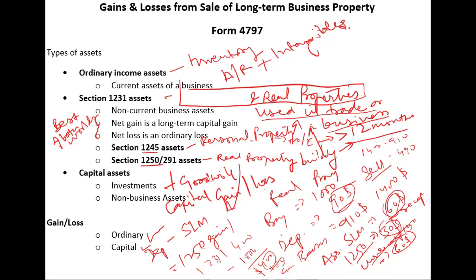Then unrecaptured section 1250 gain is the remaining straight line depreciation, which is taxed at a maximum rate of 25% for individuals. Then all the losses are considered as section 1231 losses, and they are first netted against section 1231 capital gain, and the remainder is treated as an ordinary loss.